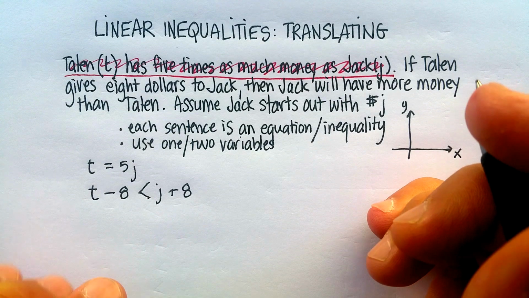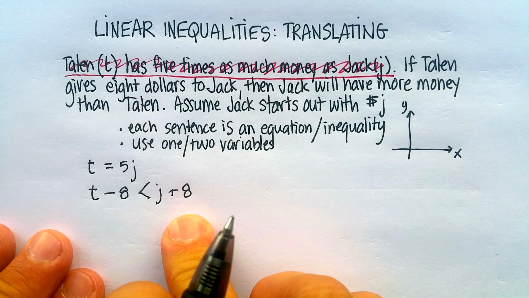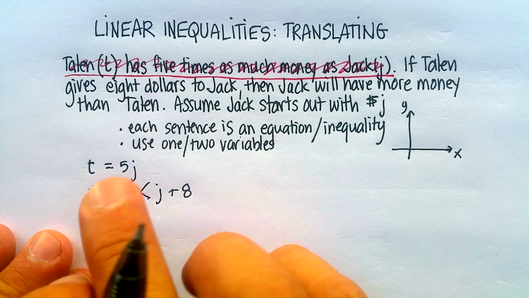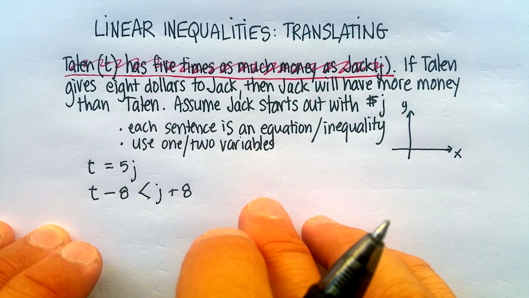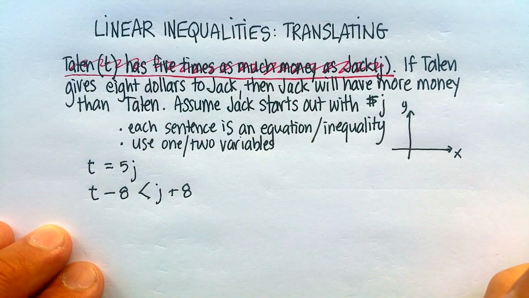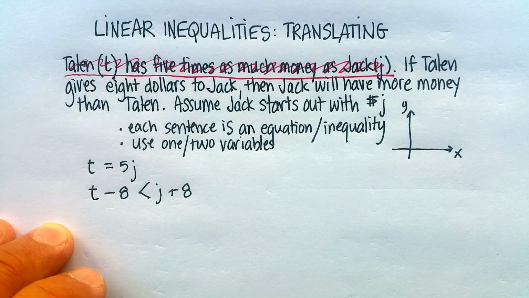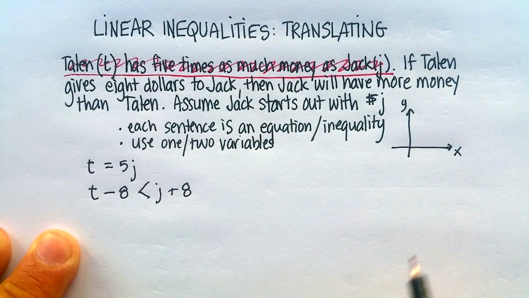Okay? Now, let's see if we can get this into something a little bit more familiar, right? Let's get the J's and the numbers, the T's, that sort of thing, onto one side or the other.